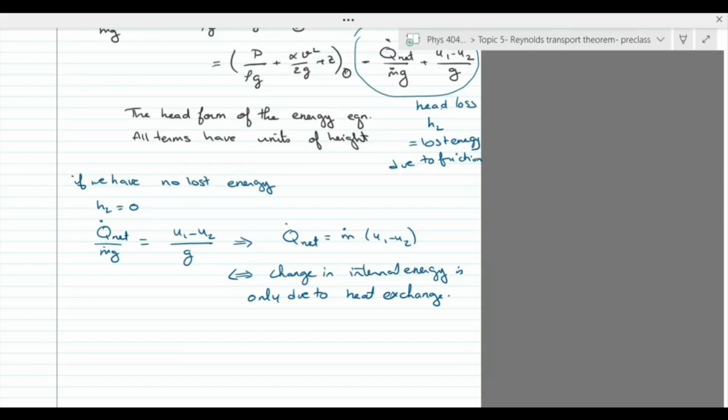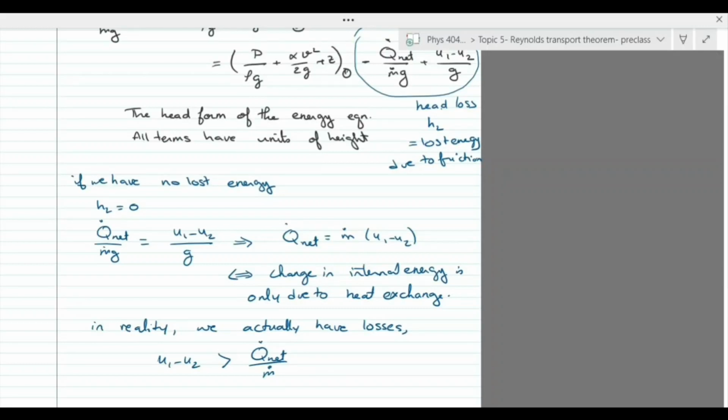However, in reality, you will see that we actually have frictional losses for sure, and thus HL will not be zero, and actually you will see that the change in the internal energy will be greater than Q dot net over m dot, which is telling me that the change in the internal energy is greater than the heat exchange.